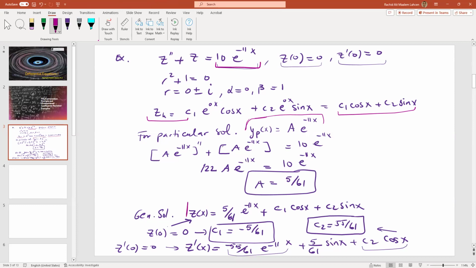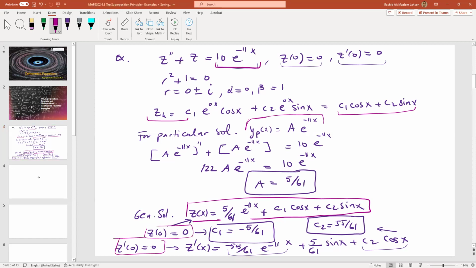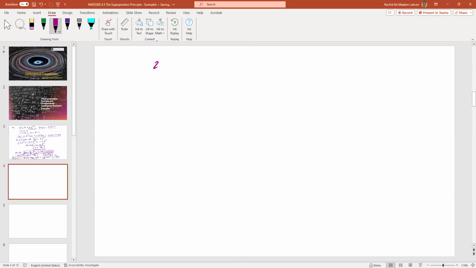Then we found the general solution like the other problems. But now we move to solve the IVP by using the initial conditions. Then we found the constants. So let's just write it on the next page here.